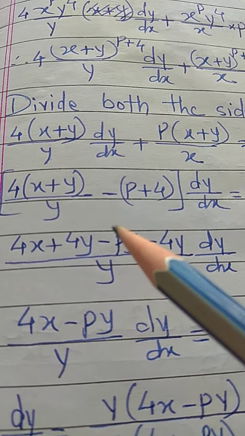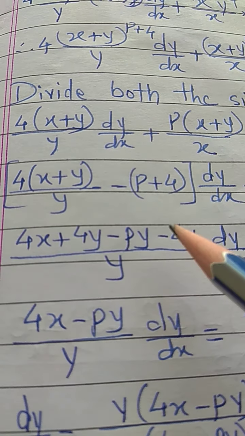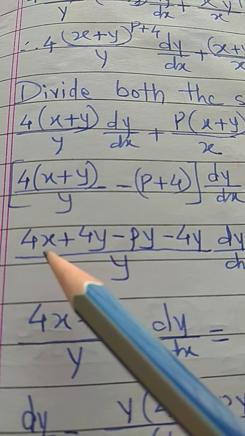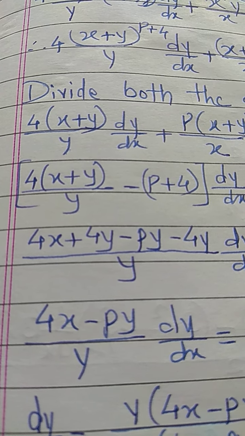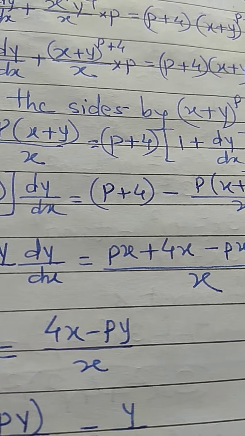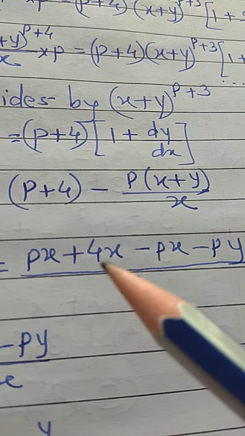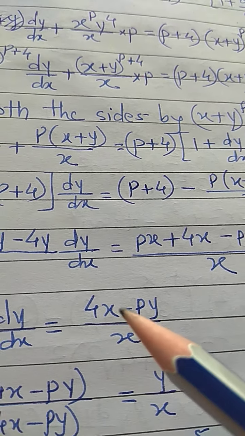So 4y will get cancelled. What remains here is 4x minus py upon y. And here px minus px will get cancelled. Remains is 4x minus py.